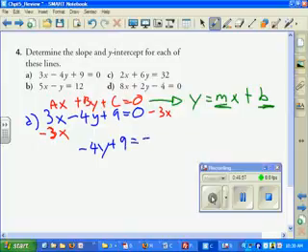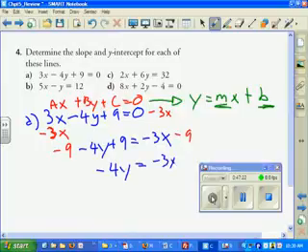Which one do we isolate? The y. Alright. My next step should be 9. Alright, almost there.